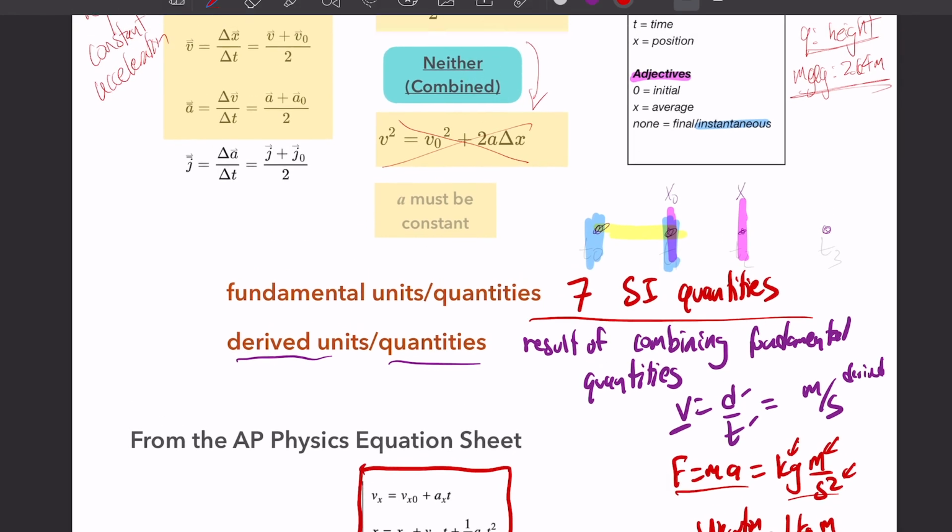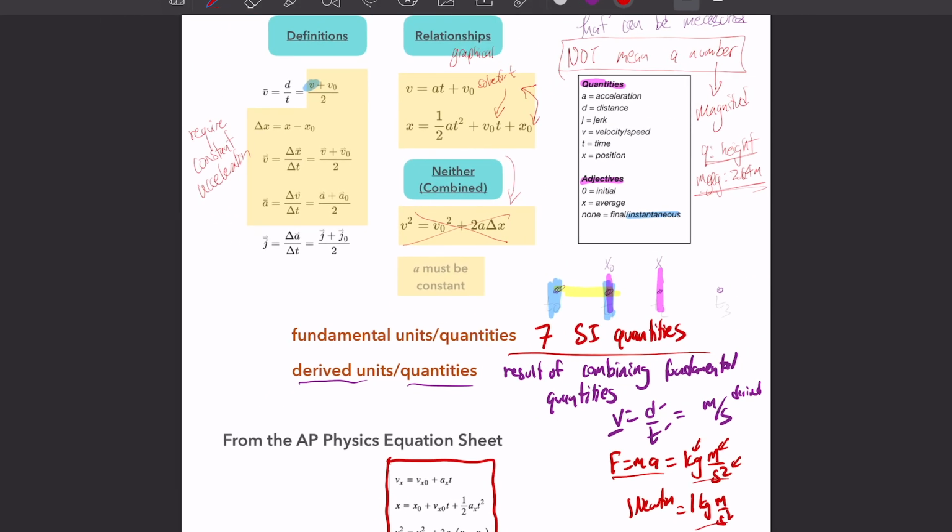Notice, it consists of these two and this one. This isn't one that we ever really need to use. And these two are relationships. So that means the AP equation sheet omits all definitions. And of course, definitions are things that we want to know.